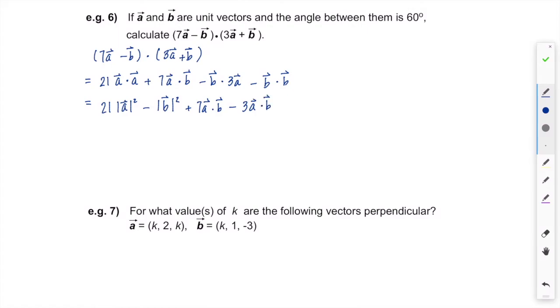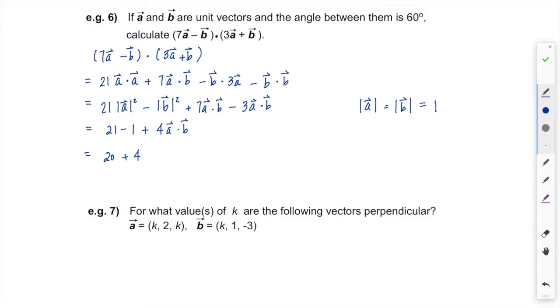Okay? And so the magnitude of a is equal to the magnitude of b because these are unit vectors. They're both 1. So here I really have 21 minus 1 plus 7a dot b minus 3a dot b, which is 4a dot b, which is 20 plus 4.